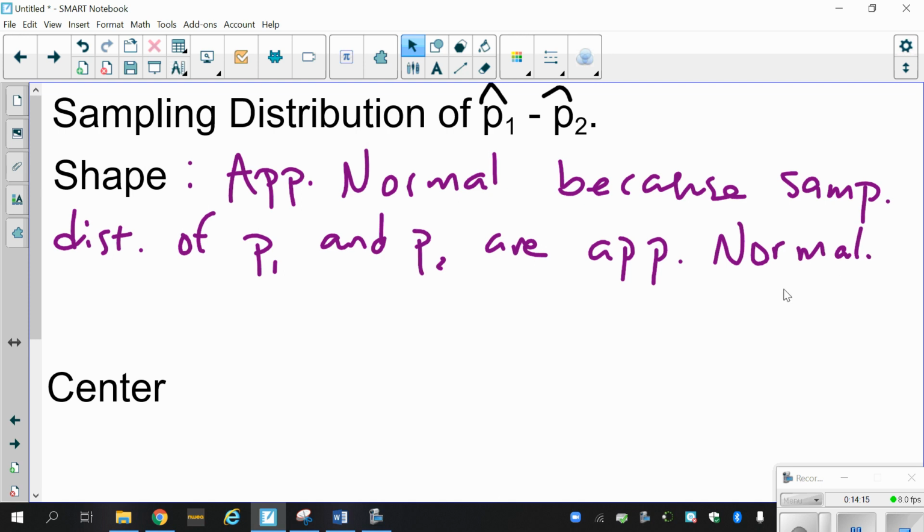Okay, the center. I don't know if you remember this, but if you subtract two random variables, then to find the mean, you subtract the two means.